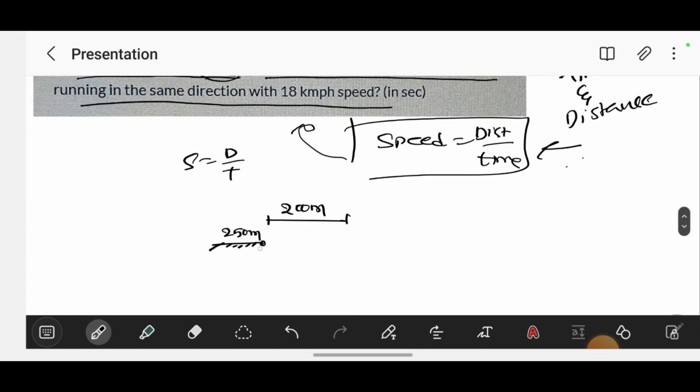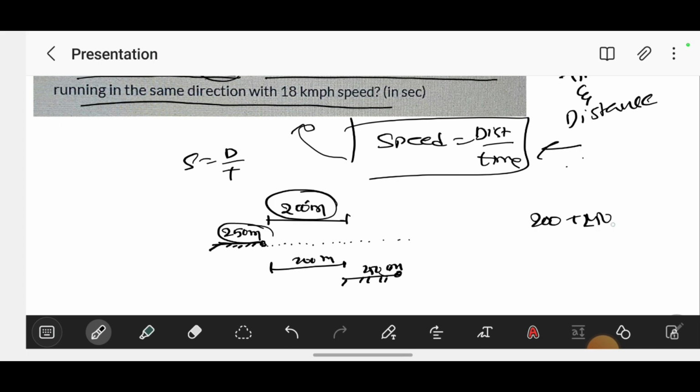That means this train, starting from here, goes towards it and the final position should be like this. The train cleared 200 meters plus its own length of 250 meters. So the total distance is 200 plus 250, that is 450 meters.